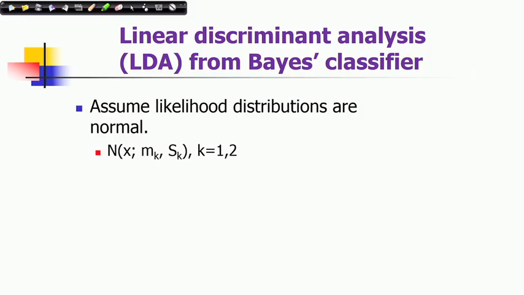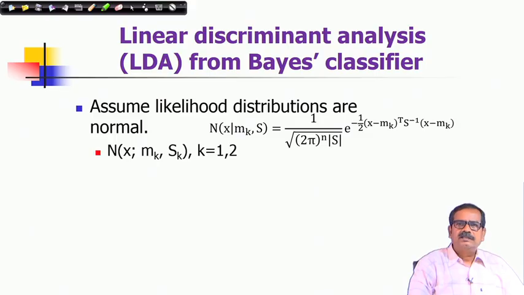One is m k, which is an n dimensional vector, the mean of the class, and S k is a covariance matrix, an n cross n matrix, which is symmetric.